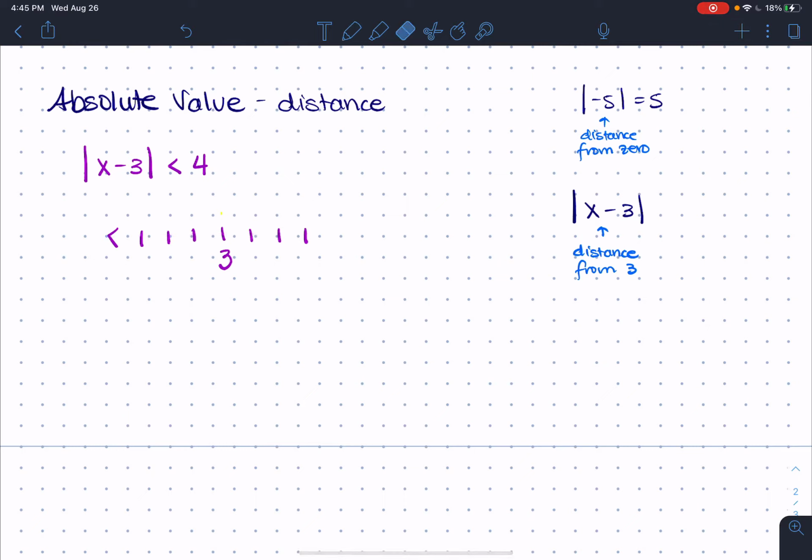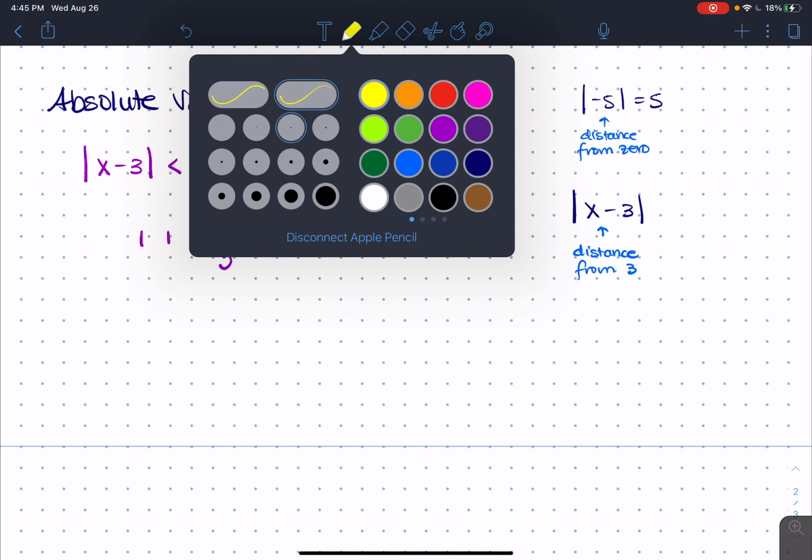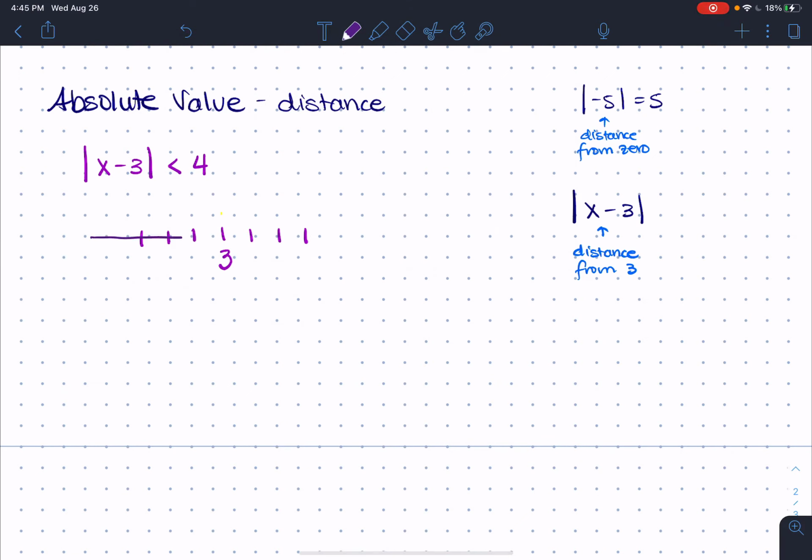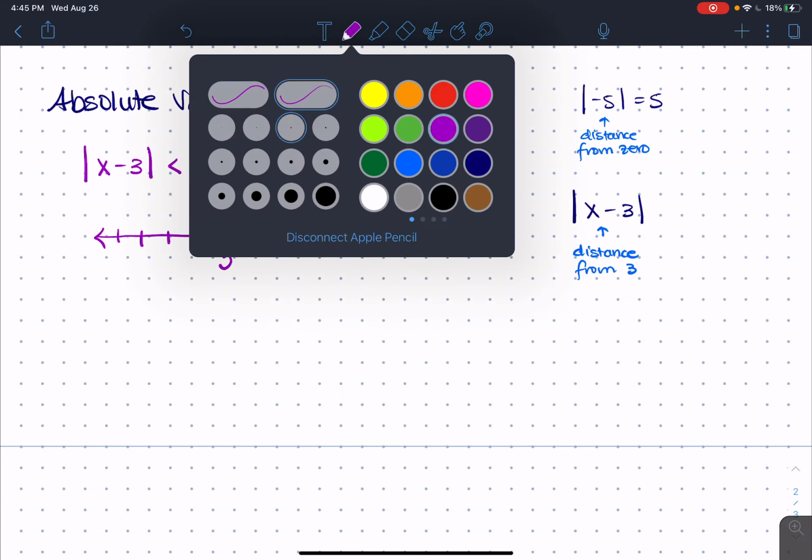Oh, I need a bigger number line. Hold on one second. Well, that's the wrong color. Okay. All right, let's try this again. So the distance from 3 is less than 4.